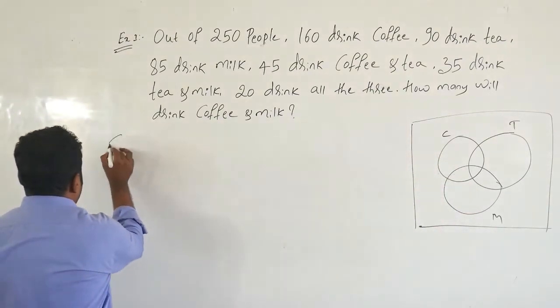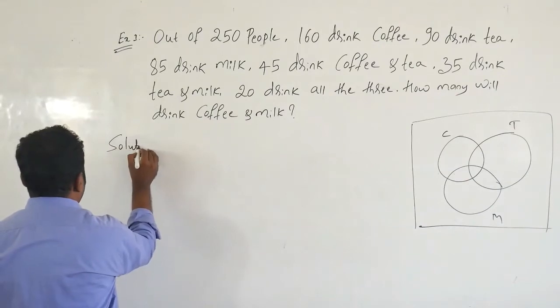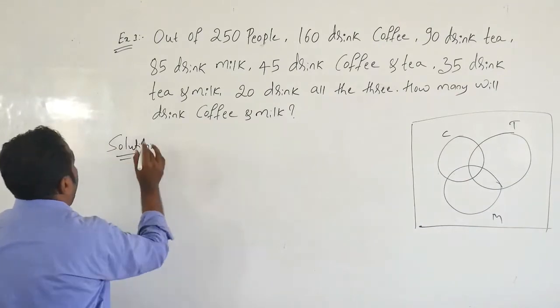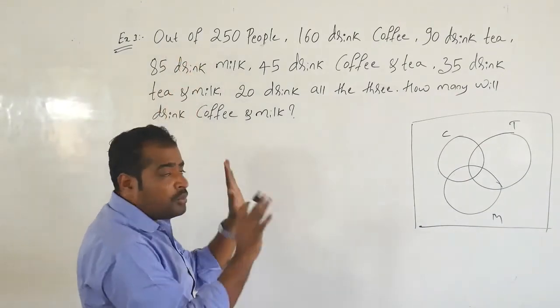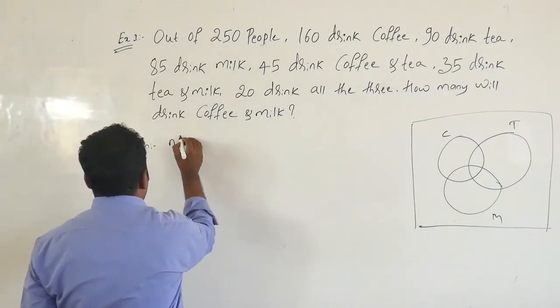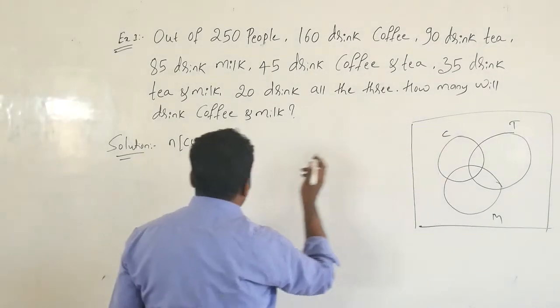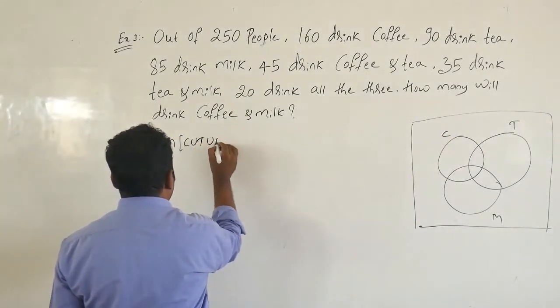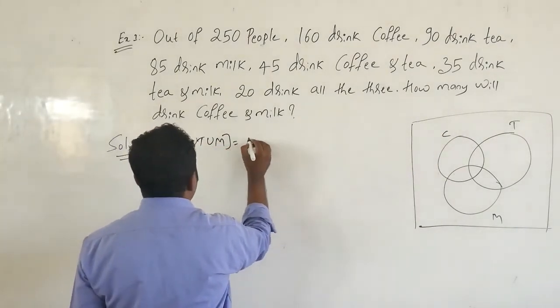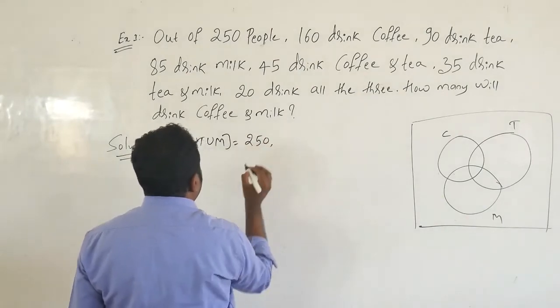First, the given data. Out of 250 people, nothing but the union, n of C union T union M is equal to 250.